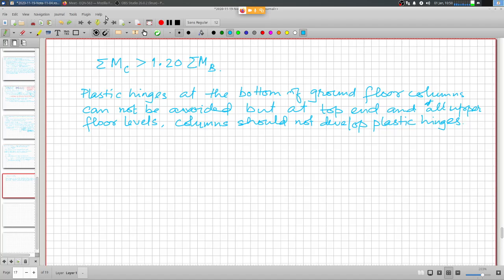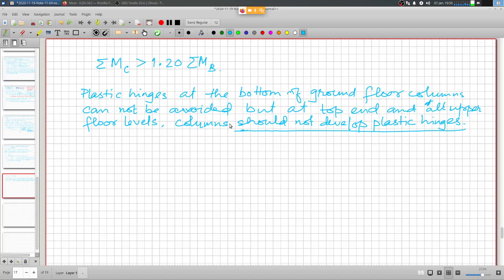Now herein comes a very crucial thing: how do we ensure this? We can definitely ensure this by using the capacity design technique, capacity design principles.